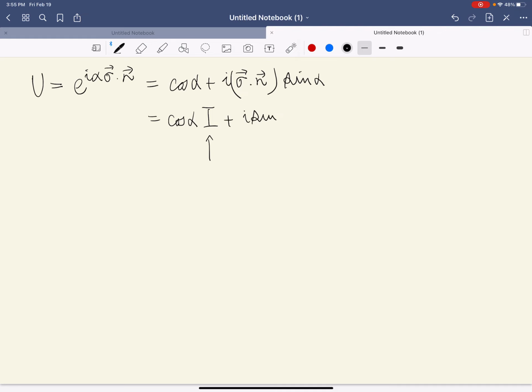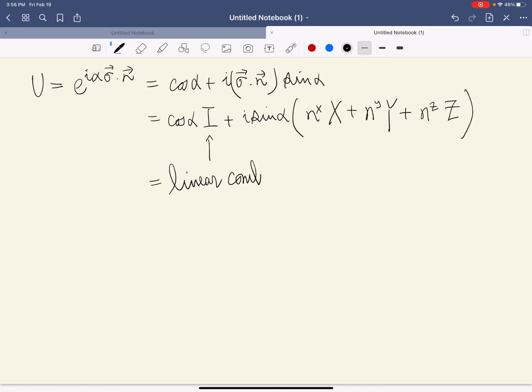And the other parts are nx times the X operation, plus ny times the Y operation, plus nz times the Z operation. So what happens is that an arbitrary one-qubit operation is literally a linear combination of those four elementary operations I, X, Y, and Z.